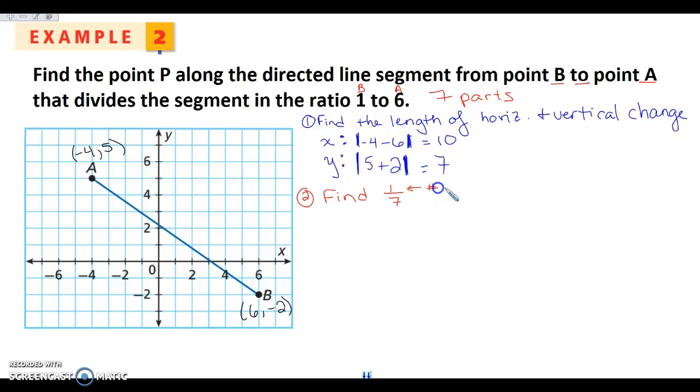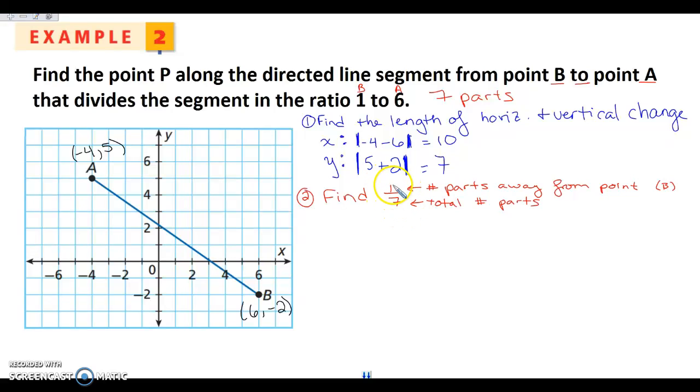So this is the number of parts away from your point, and in this case, we are looking at B. This is the total number of parts. Okay, so we have a total of 7 parts. So we're doing 1 out of 7.